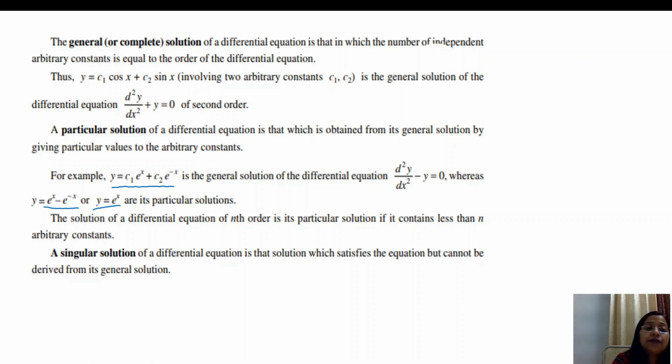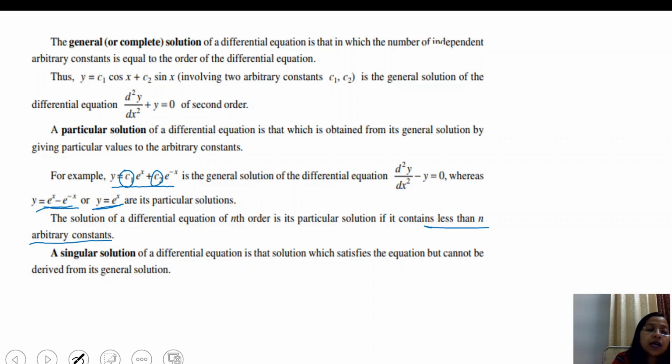Because these two do not have the arbitrary constants c1 and c2, that's why it's not a general solution. These are particular solutions, right? Okay. The solution of a differential equation of nth order is its particular solution if it contains less than n arbitrary constants.